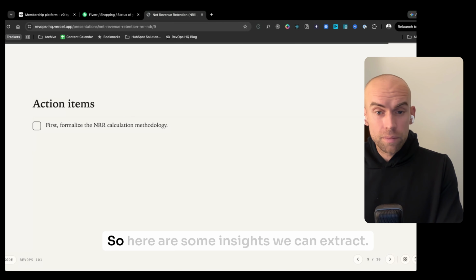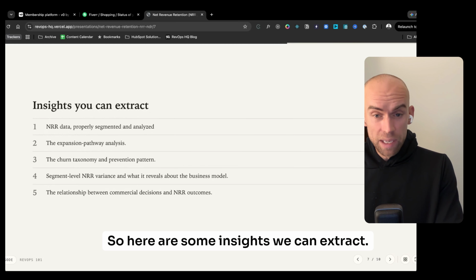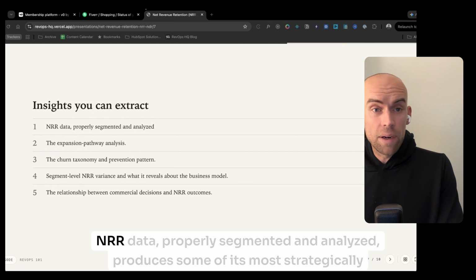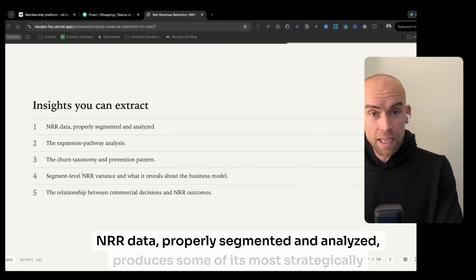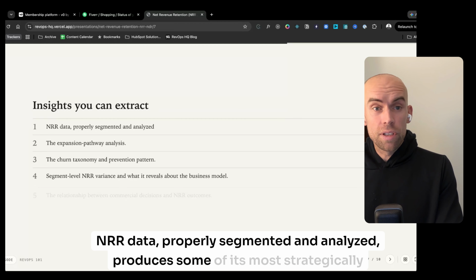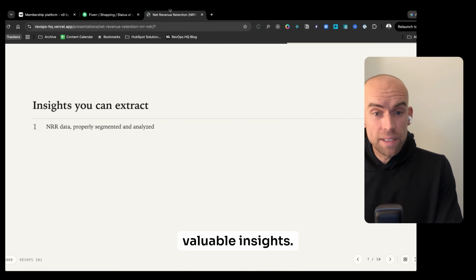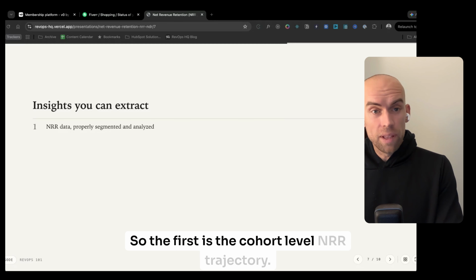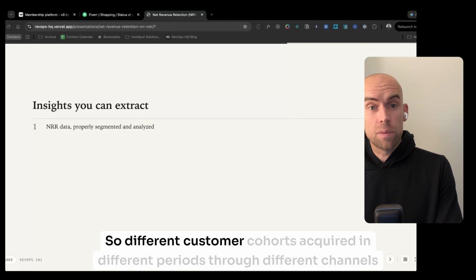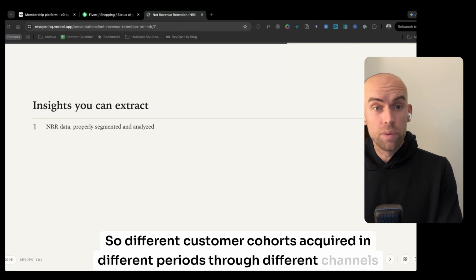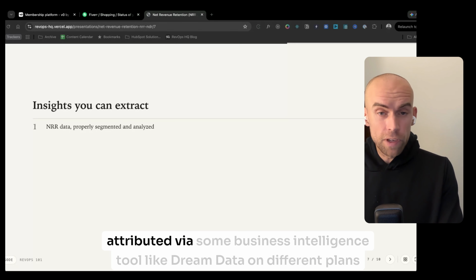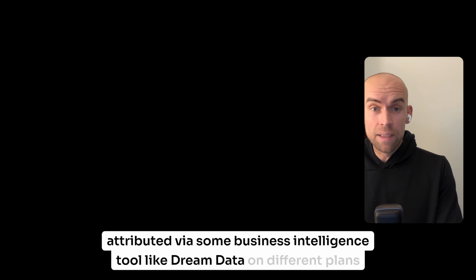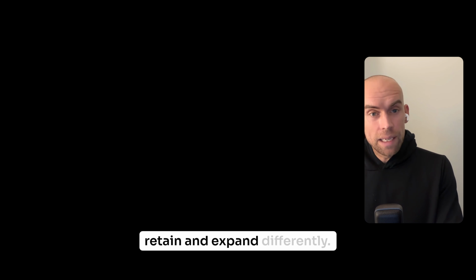So here are some insights we can extract. NRR data, properly segmented and analyzed, produces some of its most strategically valuable insights in a SaaS business. The first is the cohort level NRR trajectory. Different customer cohorts acquired in different periods through different channels, attributed via some business intelligence tool, on different plans retain and expand differently.